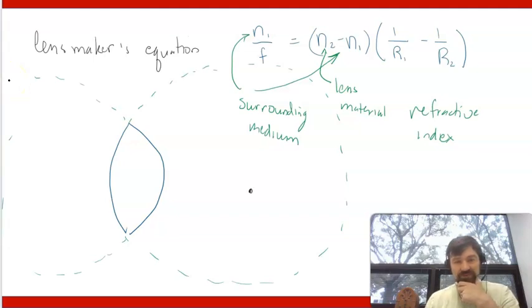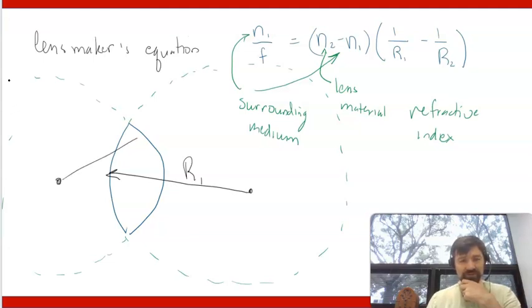So here's the center of the sphere for face number 1. This would be R1. Let's say maybe over here somewhere is the center for sphere number 2. This would be R2. So it's basically radii of curvature.